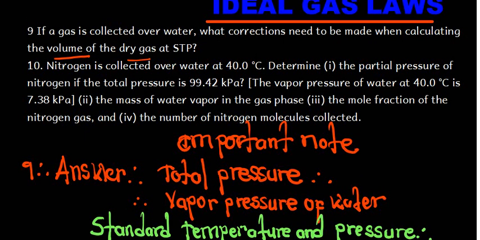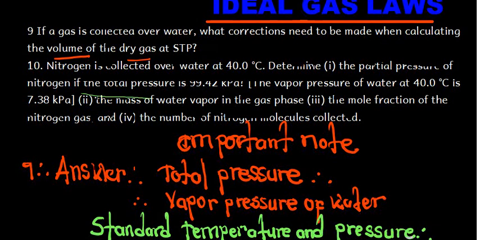Question 10 is saying nitrogen is collected over water at 40 degrees Celsius. The first part of the question is saying determine the partial pressure of nitrogen if the total pressure is 99.42 and the vapor pressure of water has been given at 40 degrees as 7.38.